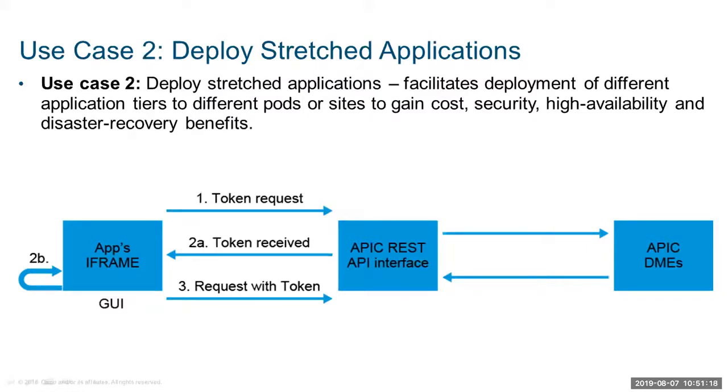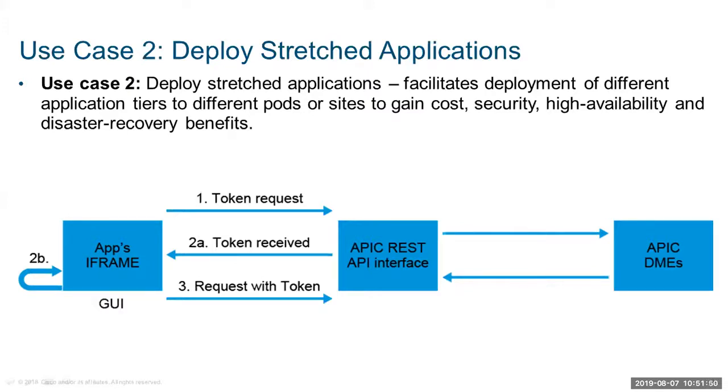When you do have a stretched application, you would select in the Cloud Center, it will ask you for your mode of deployment. You're going to select hybrid, and it'll show you the options to choose your separate clouds over which the application is deployed. It will support ACI deployments which are stretched.